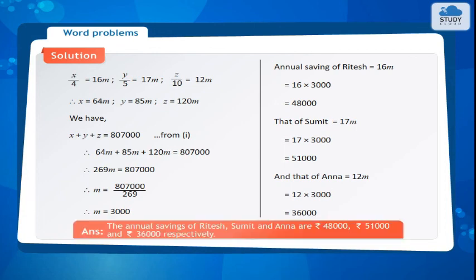Answer. The annual savings of Ritesh, Sumit and Anna are rupees 48,000, rupees 51,000 and rupees 36,000 respectively.